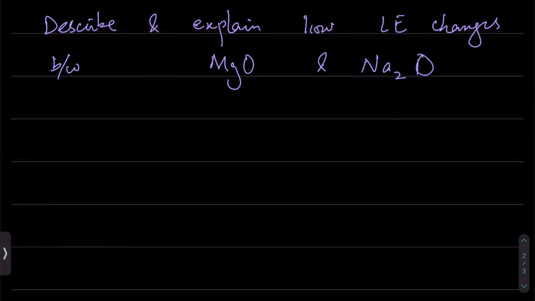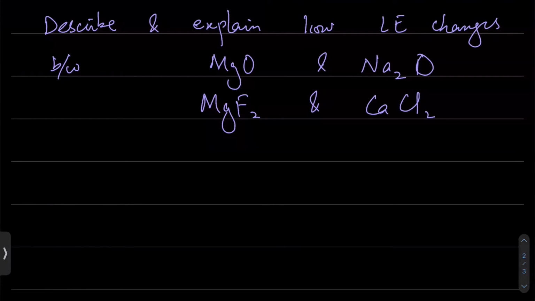That's the first one. And the second one I'm going to ask you for is magnesium fluoride and calcium chloride. So go on, take 2 minutes, write their answer. These both will be 3 marks each. Sorry, this one will be 2 marks if it comes in the exam.